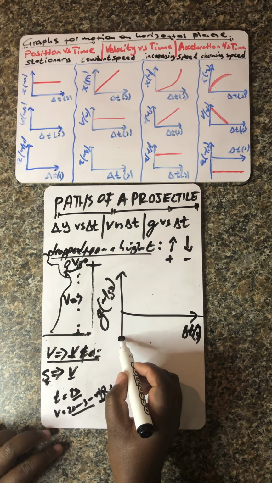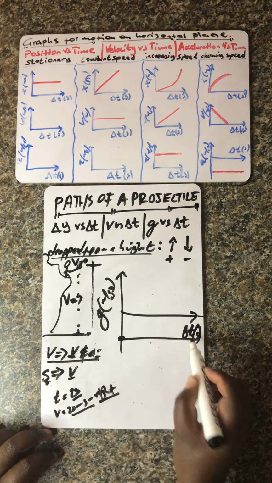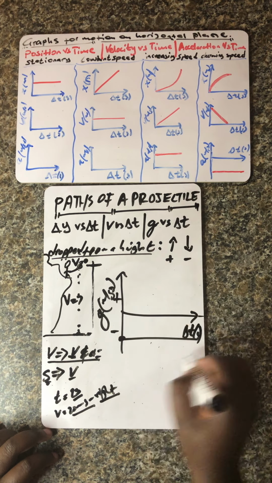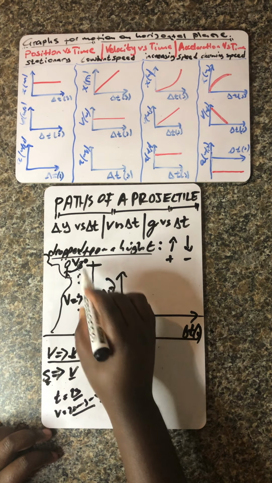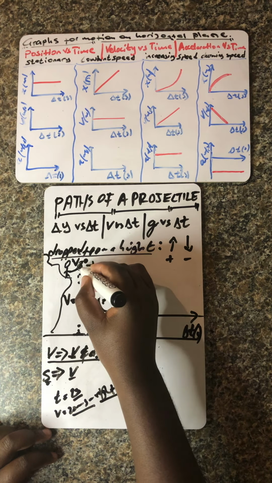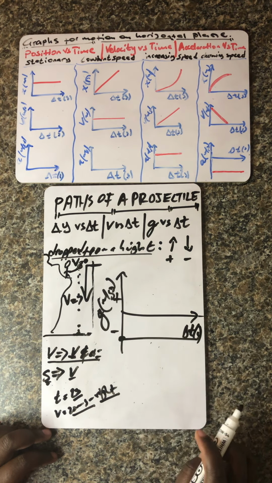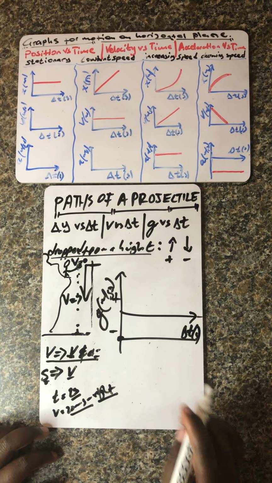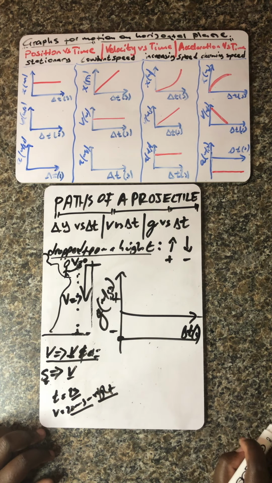So the acceleration, which is constant, in this case we just have a straight line but on the negative side of that Cartesian plane, because the acceleration is being applied downwards, and at all times we know that the gravitational acceleration or force of gravity is exerting everything towards the ground.